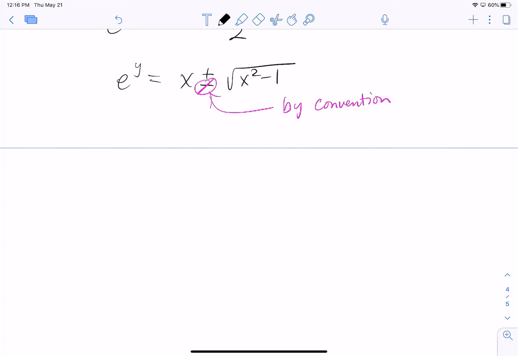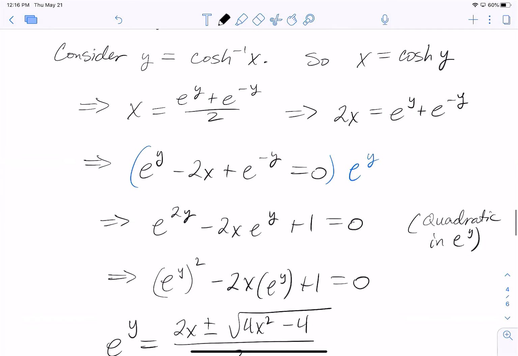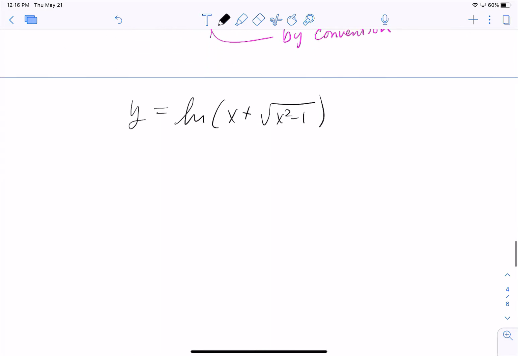By applying the natural log to both sides, we get that y is equal to the natural log of the quantity of x plus the square root of x squared minus 1. And if you recall, when we started this whole mess, y was equal to the inverse hyperbolic cosine of x. Therefore, we have an expression for the inverse hyperbolic cosine of x.